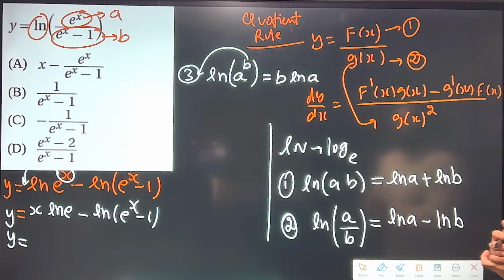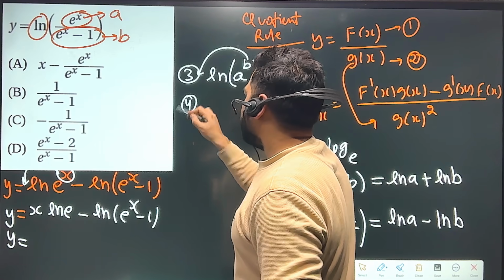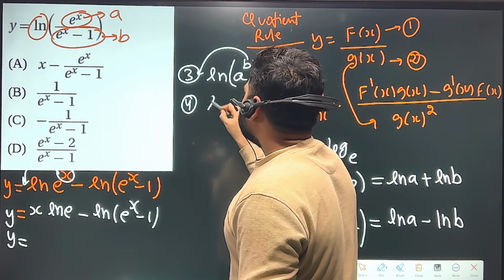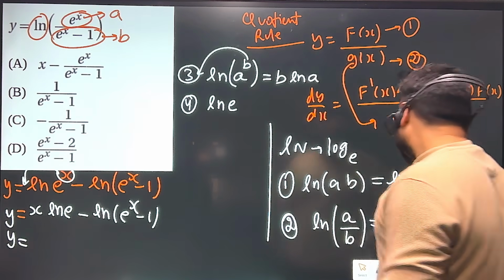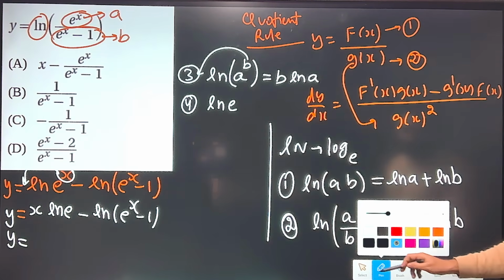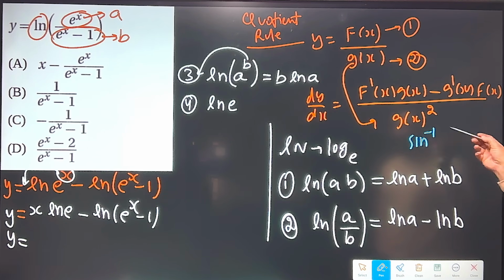So let me tell you one more property about log. Fourth property about ln. See, ln and e are opposite functions. For example, you must have known about sine inverse. Sine inverse is an inverse trigonometric function, and you must know about the sine function also.